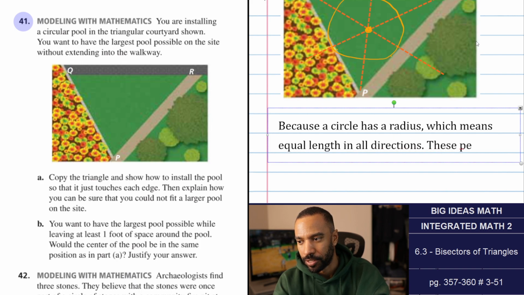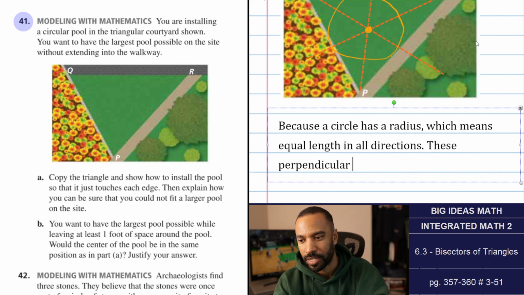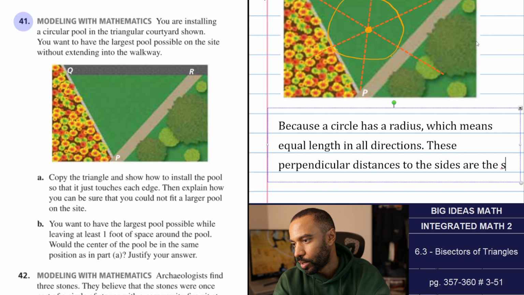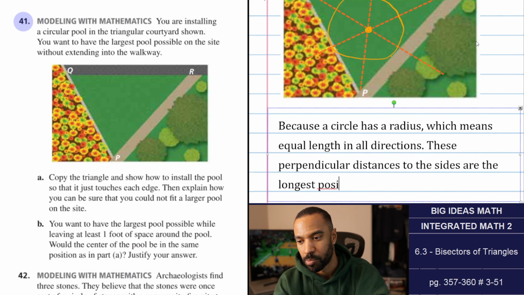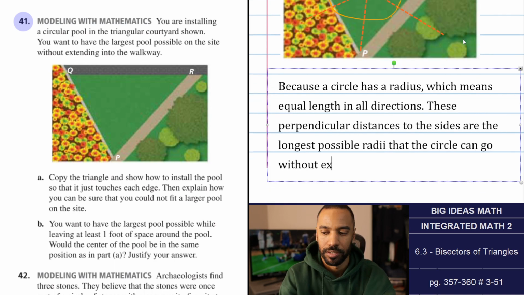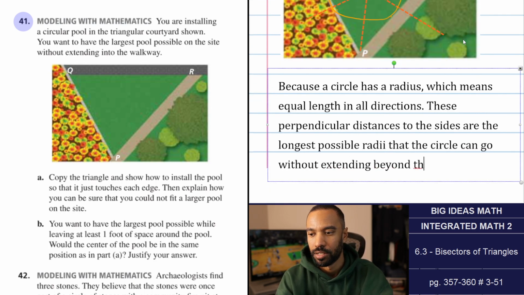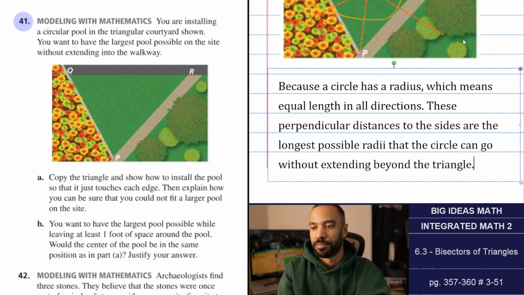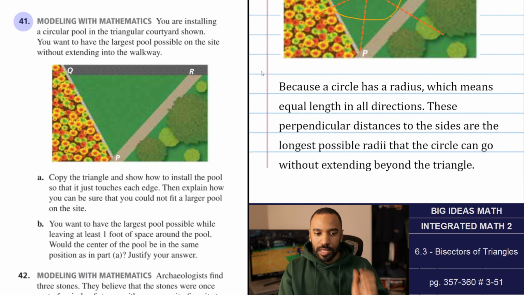These perpendicular distances to the sides are the longest possible distances, or radii, that the circle can go without extending beyond the triangle. Okay. That's part A.